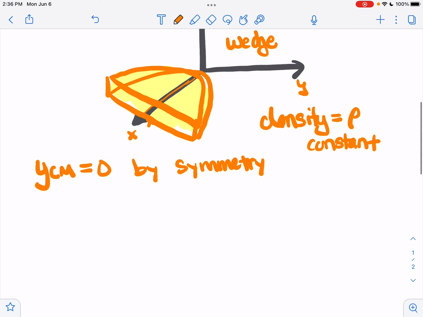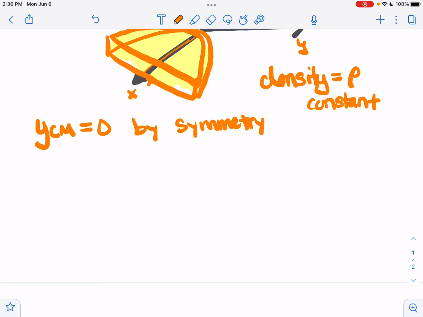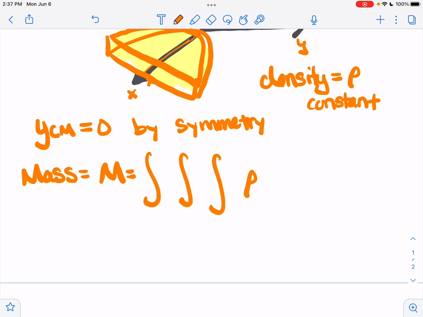Now, for the other centers of mass, we actually have to do the work, and we need the mass for that. So let's use capital M for the mass. This is going to be a triple integral of the density, which is a constant, rho, and we'll go dz, dx, dy. So z, we're going from 0 below up to the diagonal slicing plane, which is z equals x above.